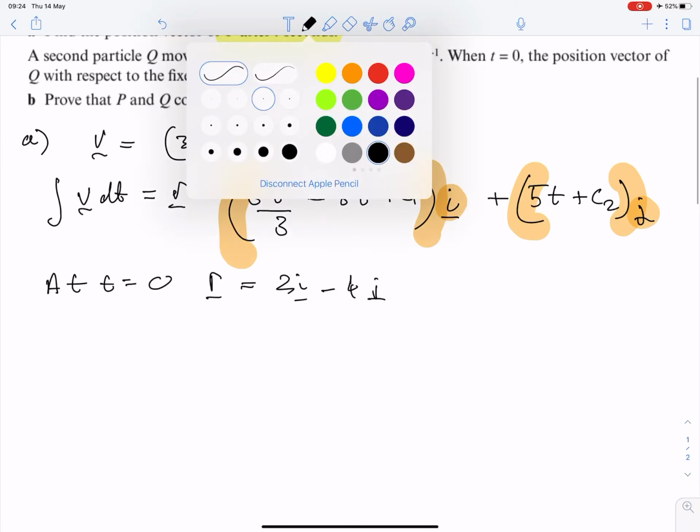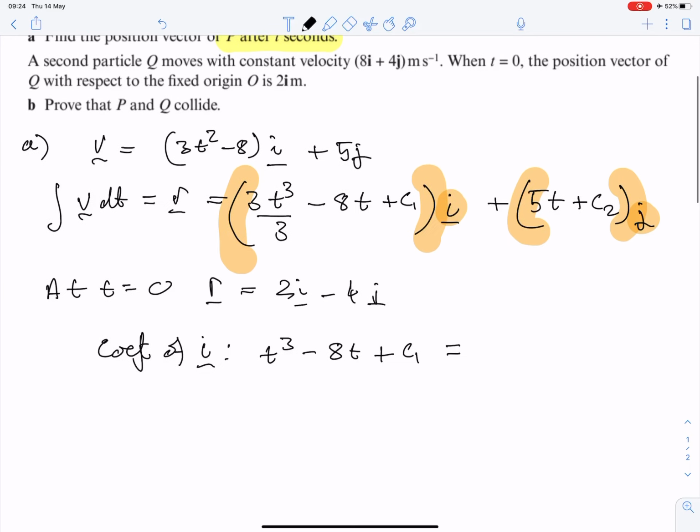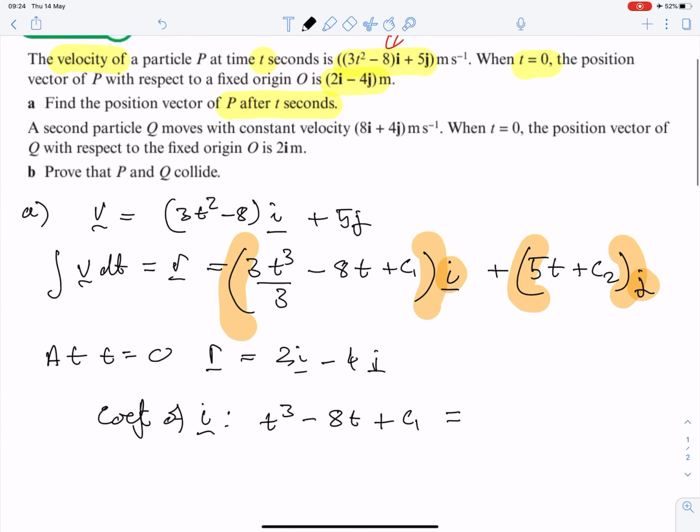So if we lift out and think about the components separately, the coefficients of i are going to give us t cubed, simplifying the 3t cubed over 3, minus 8t plus c1 is equal to, hang on, what?